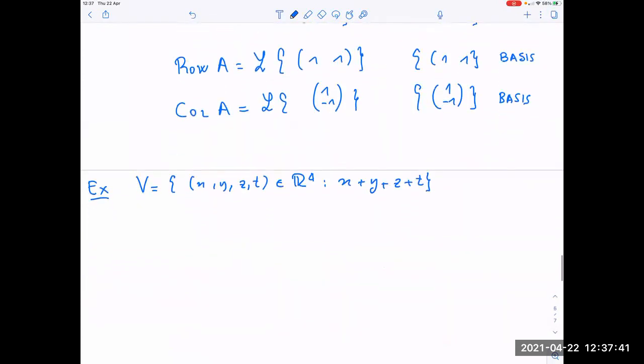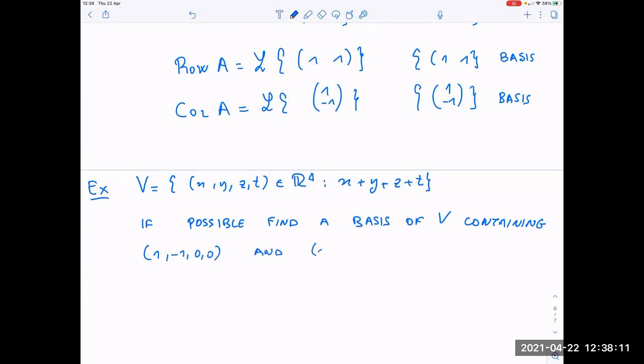And then there is a question which says, if possible, find a basis of V containing the vectors 1, -1, 0, 0, and 1, -1, 1, -1.